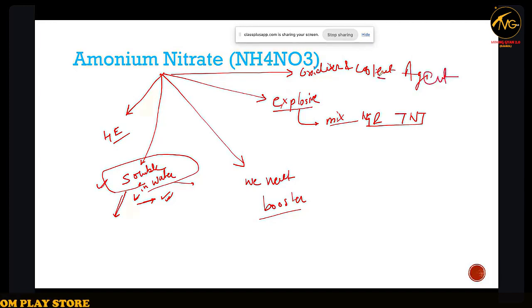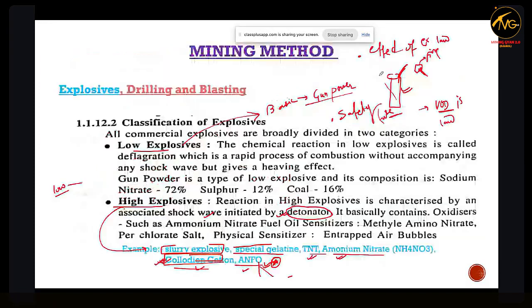Okay, so you should have to prepare 4-5 points on celery, special gelatin, TNT, ammonium nitrate I have already discussed, NFO. So if question comes you know, or you will also know whenever you go in the industry, you should also know.